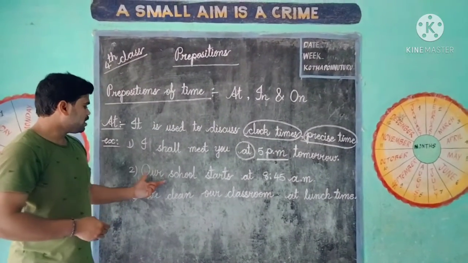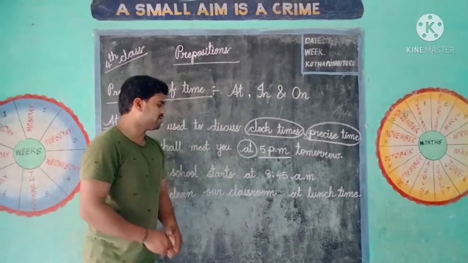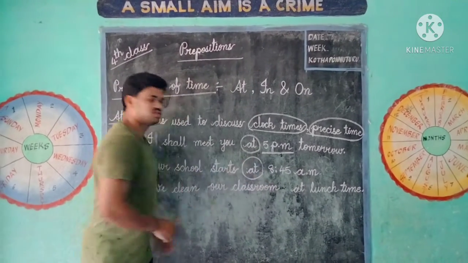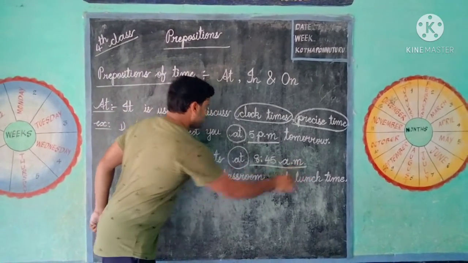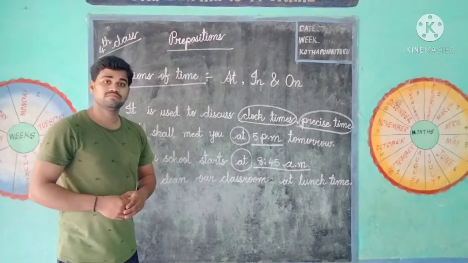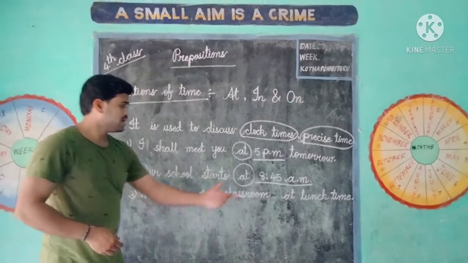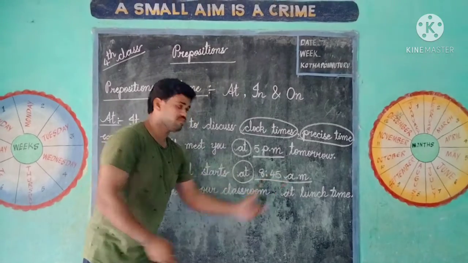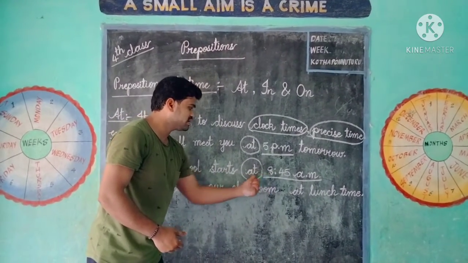Second one. Our school starts at 8:45 a.m. At is a preposition. Here it tells about time, 8:45 a.m. When does the school start? At 8:45 a.m. Here 8:45 a.m. is the time. At tells here the time.